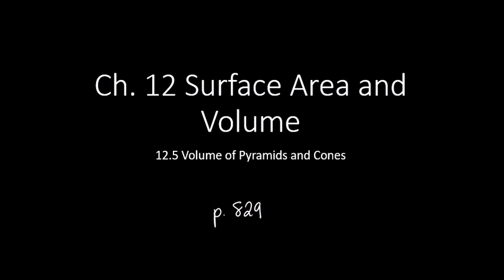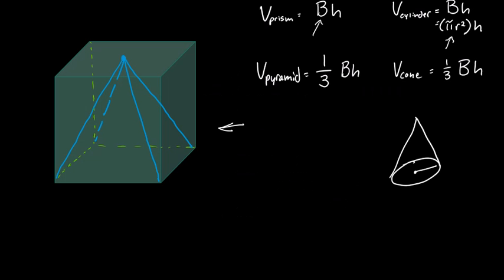However, with cones and pyramids, I know that they're going to have a similar relationship that the prisms and cylinders do. So I can get a little bit more specific with the cone. The area of the base is still a circle, so pi r squared times the h.